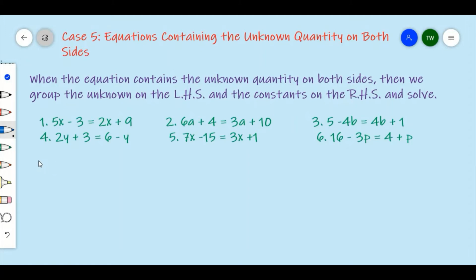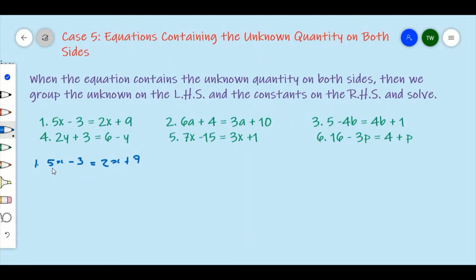So example number 1, we're given 5x minus 3 is equal to 2x plus 9. Now what we are going to do, we are going to group the like terms, right, on one side of the equation.